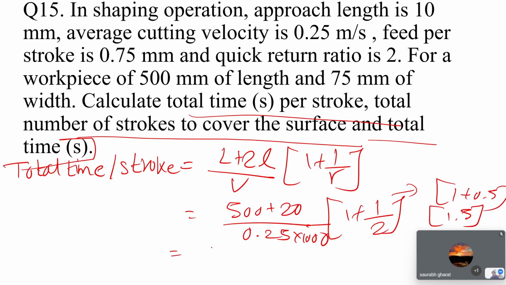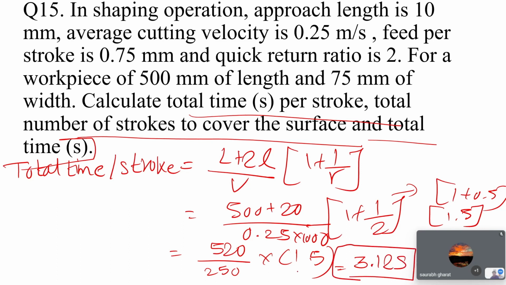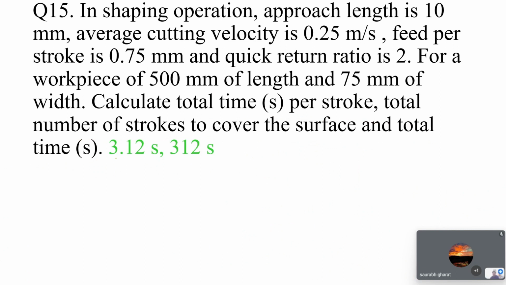So it simply will be equal to 520 by 250 into 1.5, which is equal to 3.12 seconds. This will be your final answer. And now total number of strokes to cover the surface.